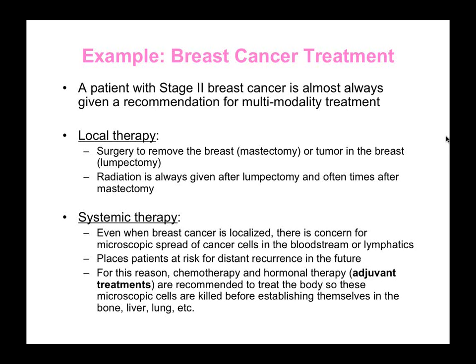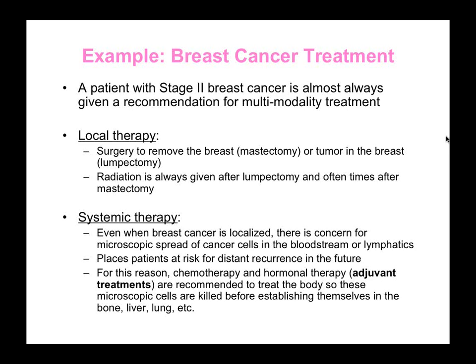But we know that if we had a woman with stage 2 breast cancer and we just provided local therapy, if you followed these women long-term, a large group of stage 2 breast cancer patients, there's going to be a number of those women who will, down the road, develop recurrent breast cancer in other parts of the body.